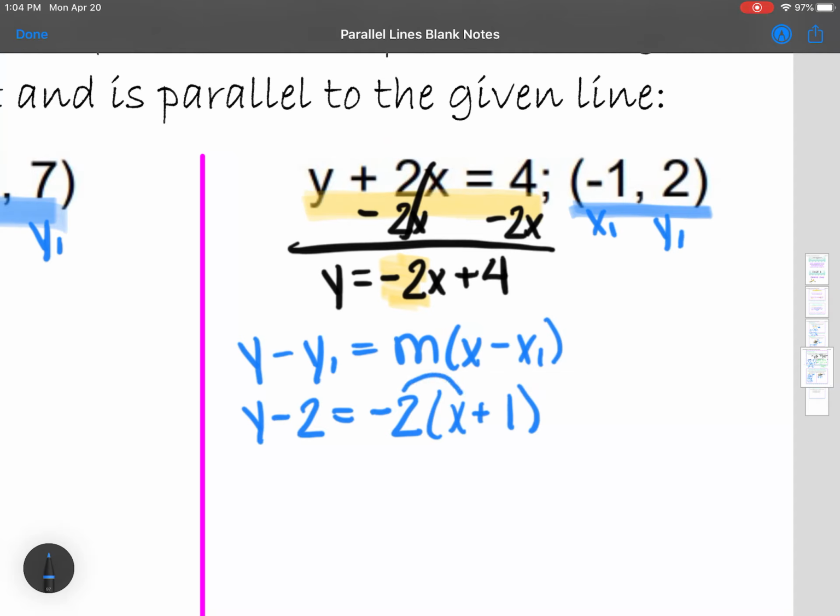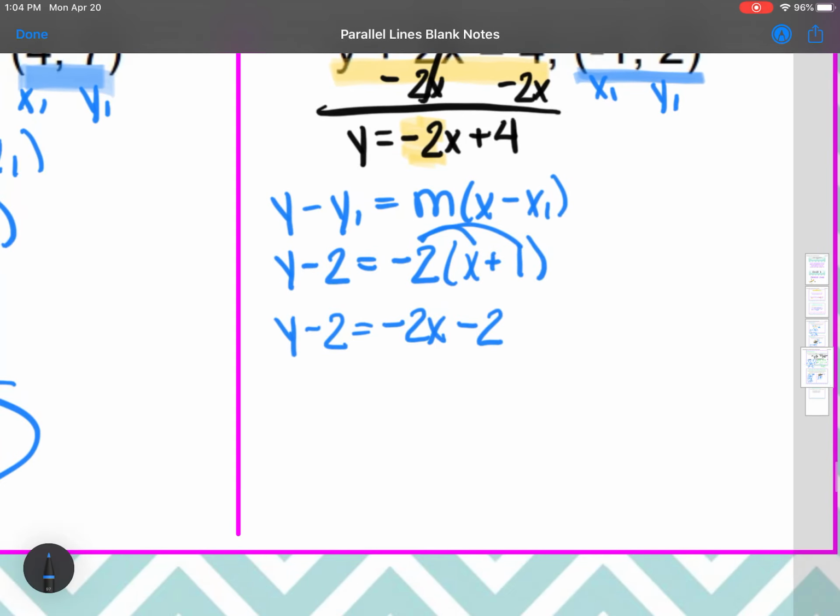Next step, I'm going to distribute my slope into the parentheses. So y minus 2 equals negative 2 times x is negative 2x. Negative 2 times 1 is negative 2. And lastly, I'm going to add 2 to both sides. And y equals negative 2x.